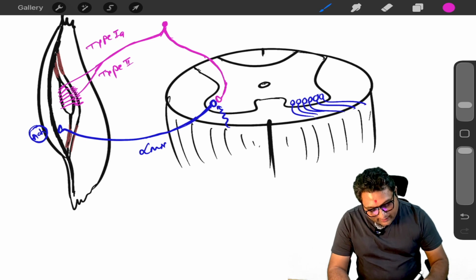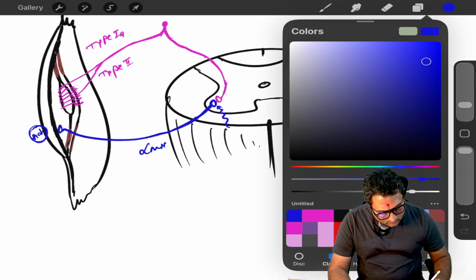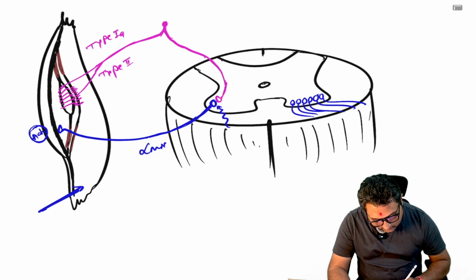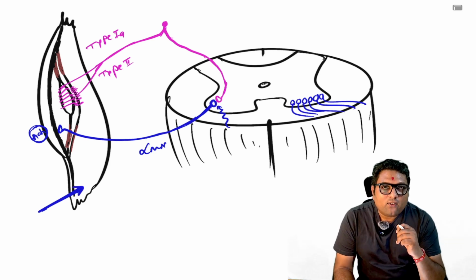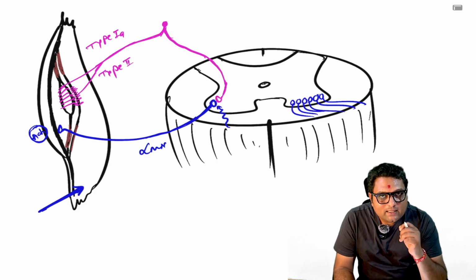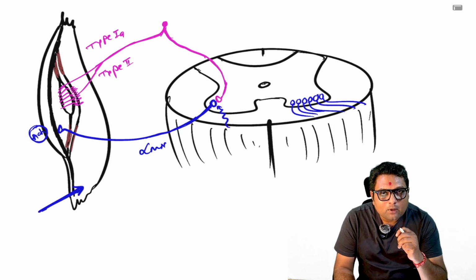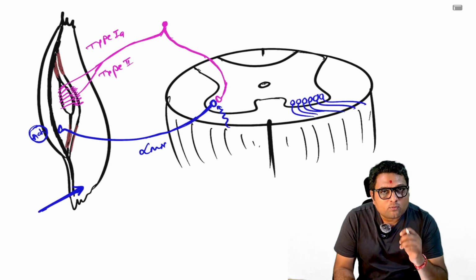Now, we talked about the ends of the muscle. If we strike the ends, or the tendon of the muscle, what will happen? When we check a reflex like the knee jerk or biceps jerk, when we strike with the clinical hammer on the tendon, the direct impact does not cause contraction of the muscle.